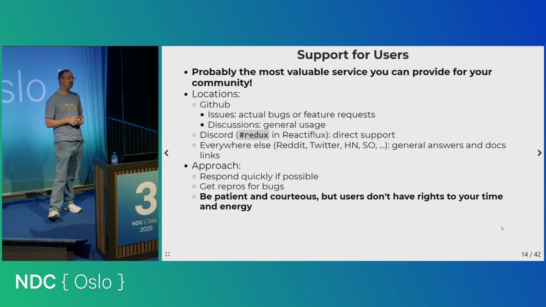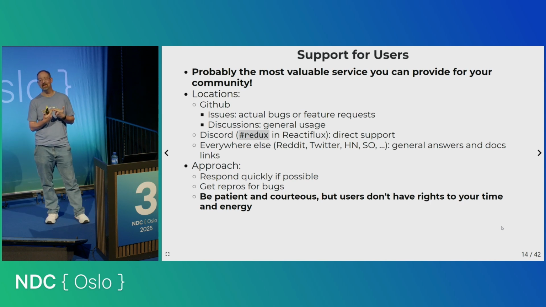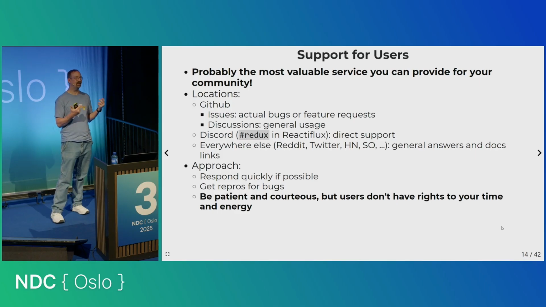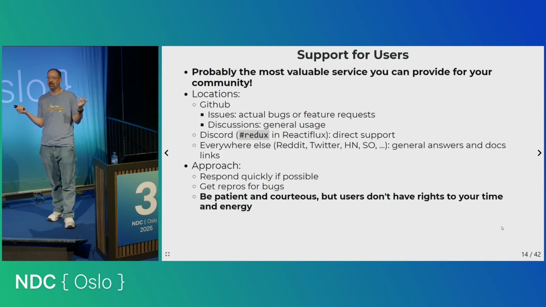It is, of course, very important to try to get a reproduction for an actual problem that somebody's having, either because it could be a mistake on their side, and as they try to provide the reproduction, they realize, oops, that was my fault, not the library's. As well as, if they're describing something that's happening in their large corporate application, I have no way to actually inspect that or fix it myself.